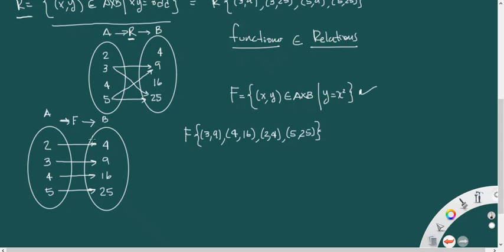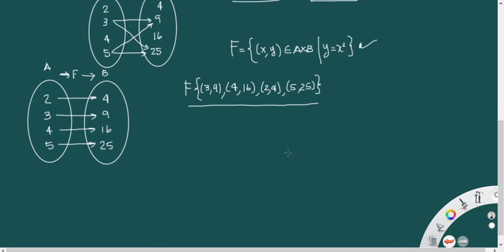So this is the way that we describe the relation F, or the rule F, between the set A and the set B. And this is the new set that satisfies the rule of the function.